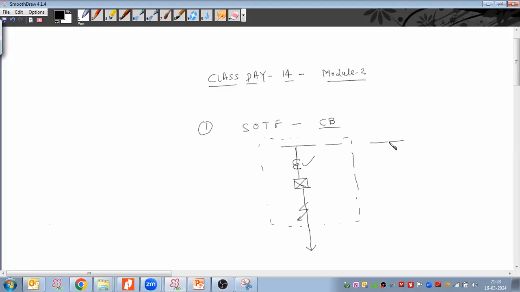So this could be one reason that the CT should be placed after the breaker. This is one point, so that SOTF would be detected by CT. Sir, is it coming from the line side or bus side? Actually, line side. I'm taking this as my bus bar, and here I have the line. So CT is on the line side.